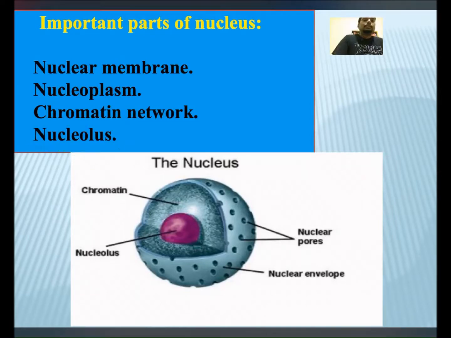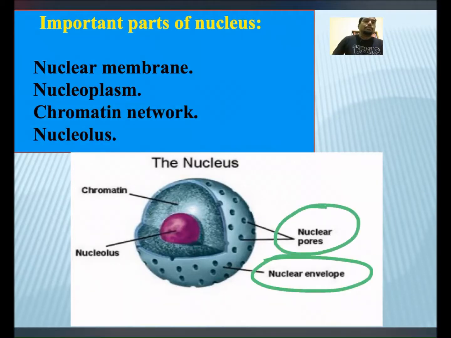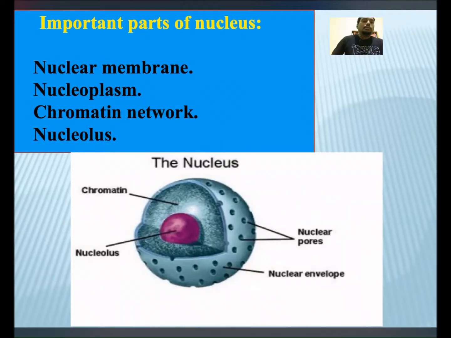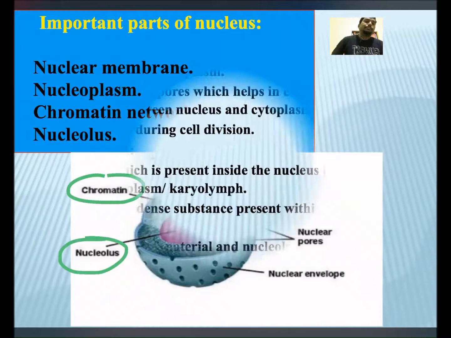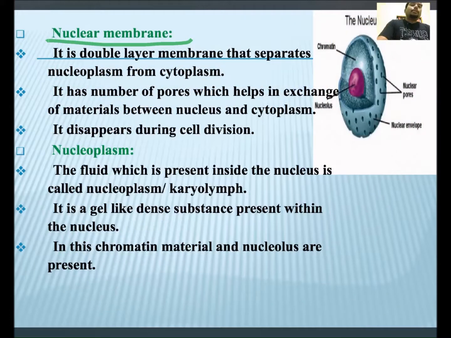Nucleolus is a dense structure in the middle of the nucleus. So there are four important parts in the nucleus: nuclear membrane, nucleoplasm, chromatin network, and nucleolus.